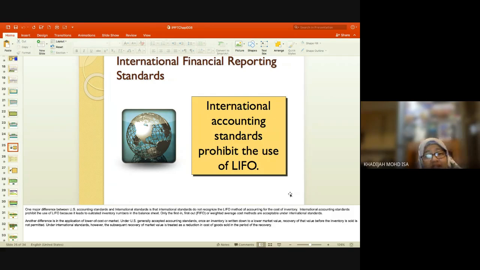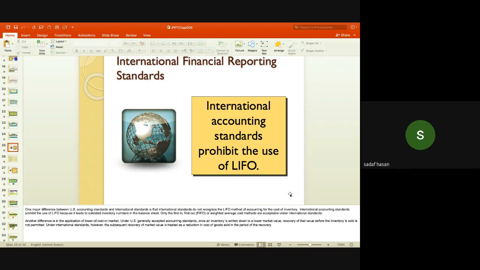But you must know how LIFO works, because you must understand why it is prohibited. Because it may lead to under-reporting. So that's why we must always be consistent. You have to use FIFO, average cost, or specific identification. Consistent means that if you use FIFO, you have to keep using FIFO, and if you have to change, then you have to justify. Okay.